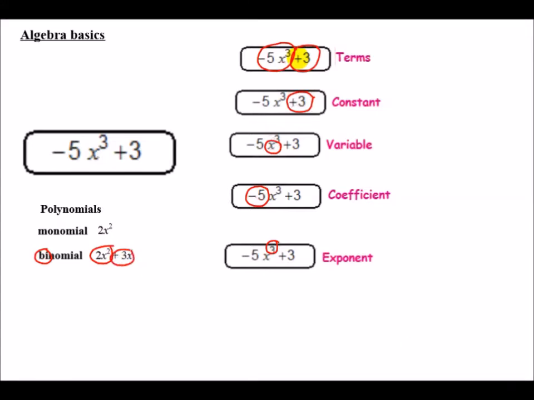A trinomial will be an expression with three terms. Tri, we think of tricycle, 3 wheels, so we have 3 terms in this algebraic expression. Polynomial is made up of any number, one or more algebraic terms.